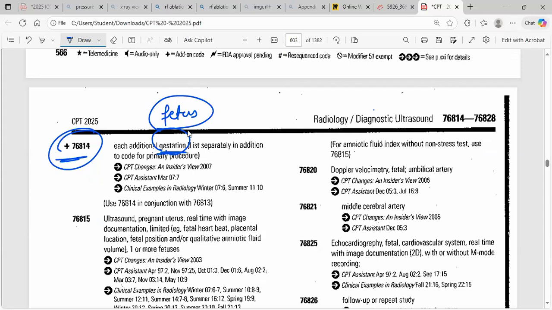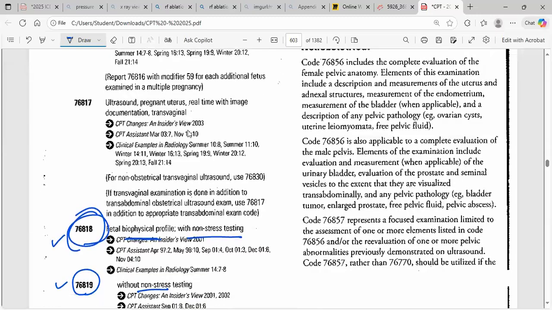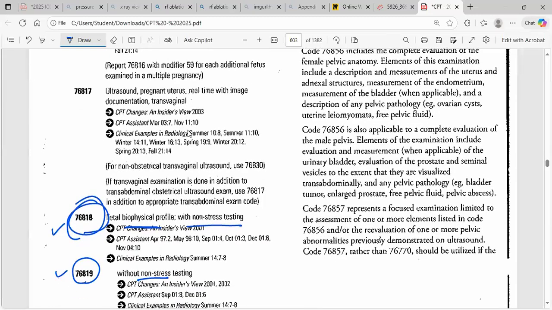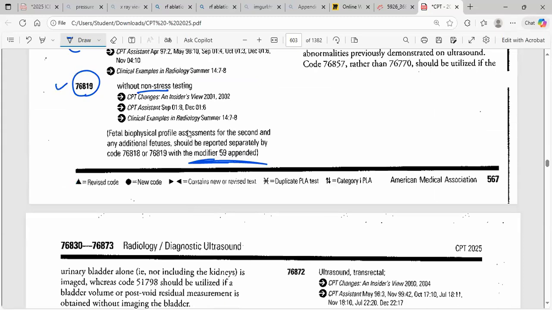And we do have a code for the FBPP, fetal biophysical profile, and this one is based on non-stress testing and without stress testing. If two or more than two fetuses have been reviewed, you have to bill each unit for each fetus.